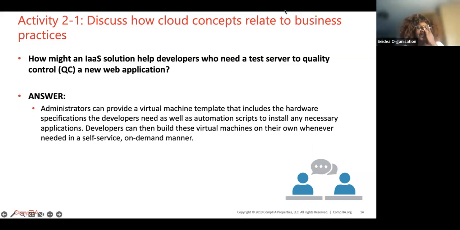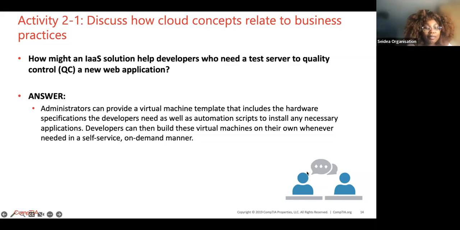So administrators can provide a virtual machine template that includes the hardware specifications, and then the developers will need to have their automation script to install any necessary applications. Within this example, developers can then build these virtual machines on their own whenever needed in a self-service, on-demand manner.